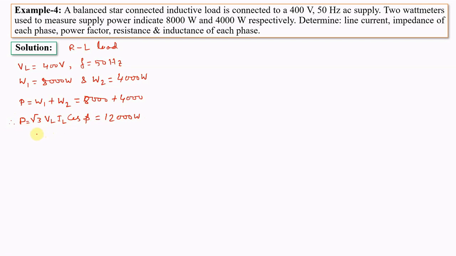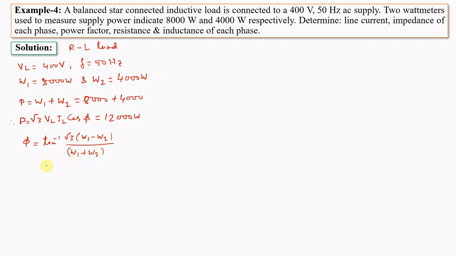Now, let's find the phase angle phi. It is tan inverse of root 3 into (W1 minus W2) upon (W1 plus W2).